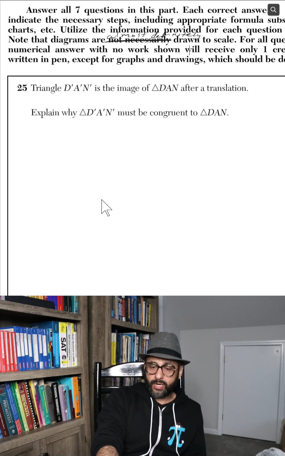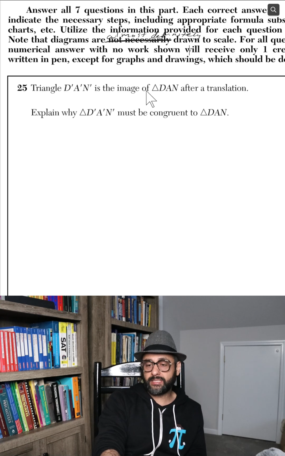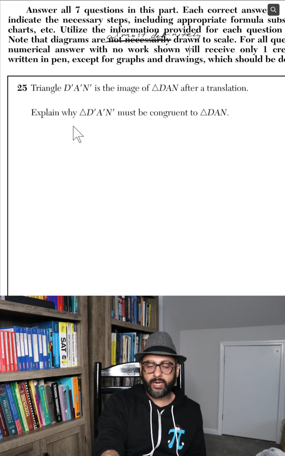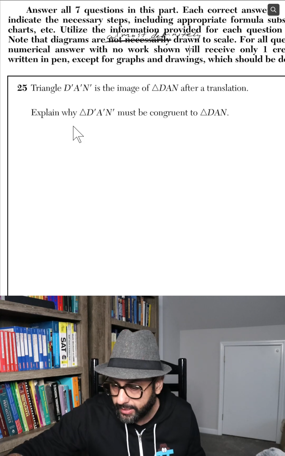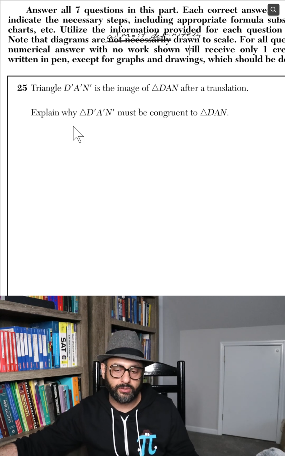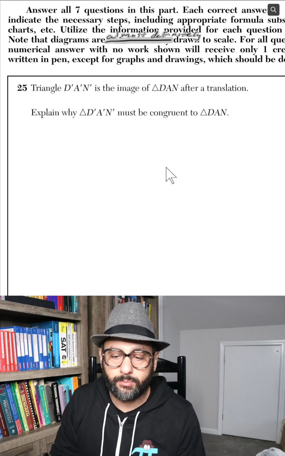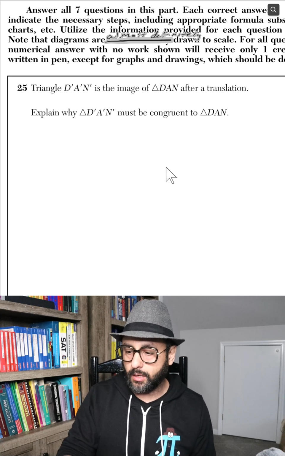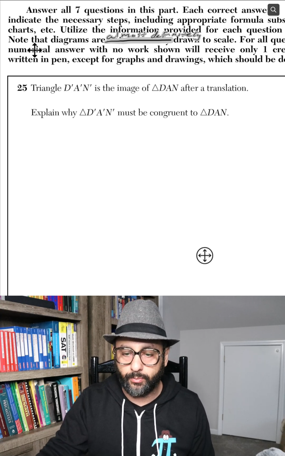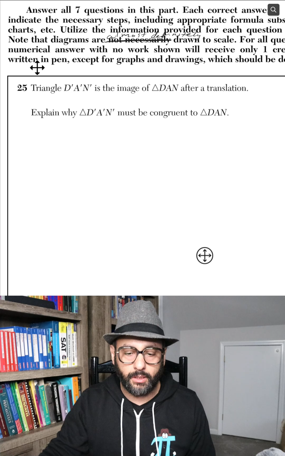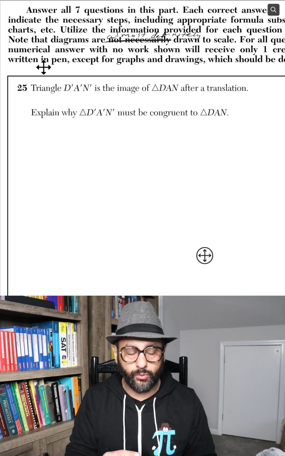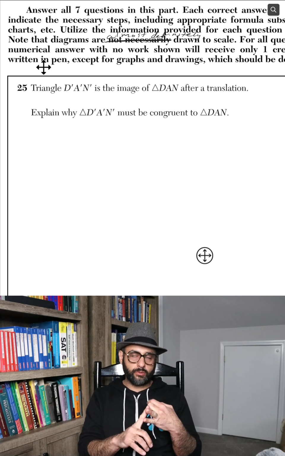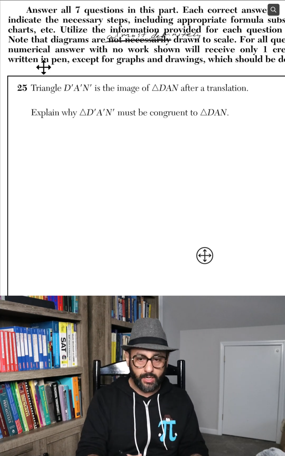Number 25, triangle D prime A prime N prime is the image of triangle DAN after a translation. Explain why triangle D prime A prime N prime must be congruent to triangle DAN. So how to go about this problem? You kind of just have to know which transformations preserve congruence. Translations, rotations, and reflections preserve congruence.